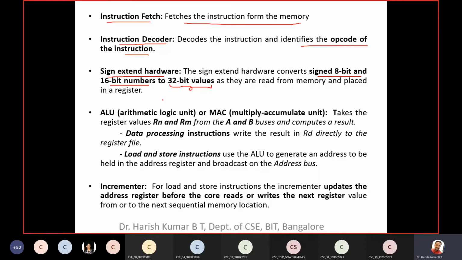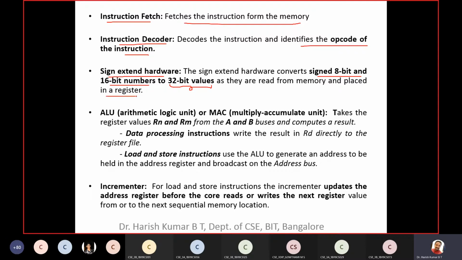So this 11, which is 8-bit, got sign extended to how many bits? 32-bit. So it occupied the entire 32-bit register, and towards the left side, what was there? All zeros, and then B. That is sign extending. So the sign extend hardware converts signed 8-bit and signed 16-bit numbers to 32-bit values as they are read from the memory and placed inside the register.